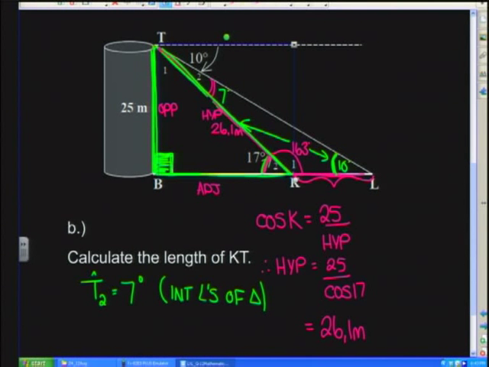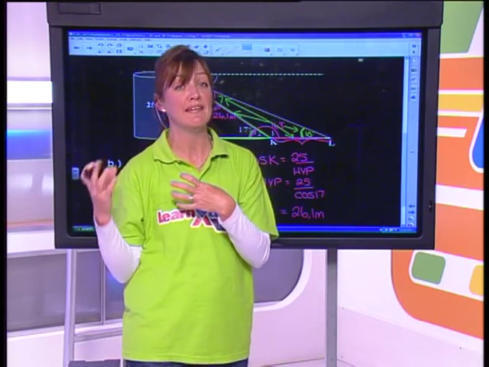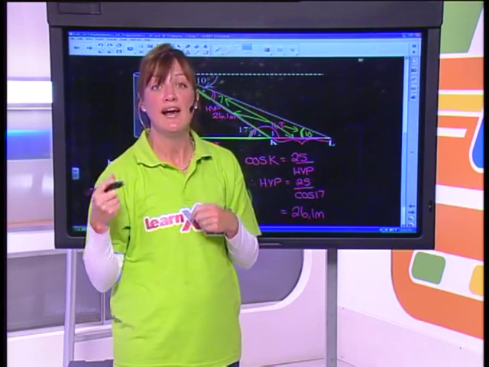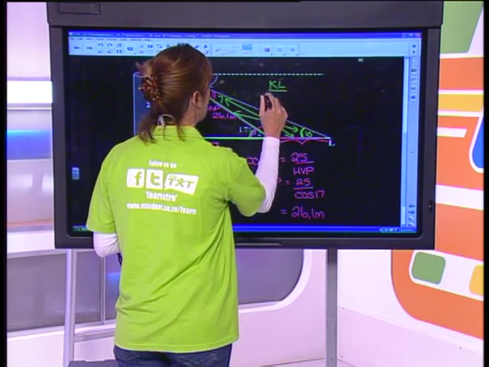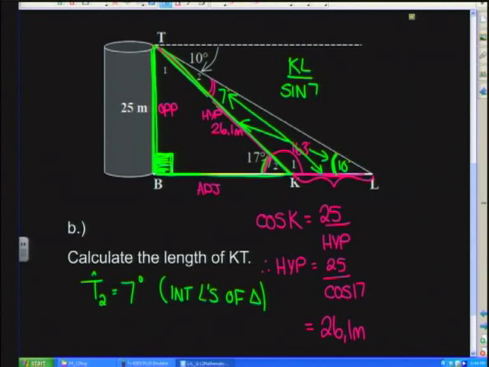That being said, I know that that's 7, and I want to find this length over here, which is KL. Can you see that I'm using the pair, which means I'm going to be using the sine rule to find my distance from K to L. So I'm going to say my length from K to L over sine of the angle opposite that, which was 7 degrees, is equal to the length which I've just found earlier, which was 26.1, over sine of the angle opposite that, which is 10 degrees.